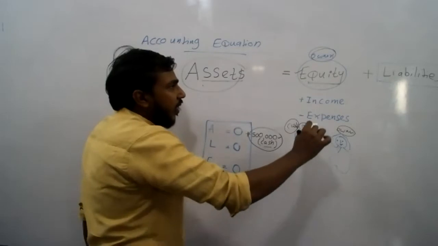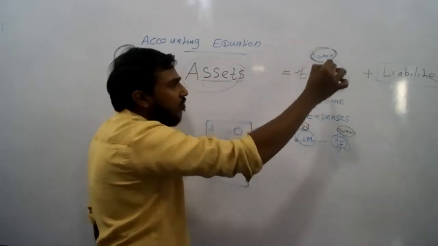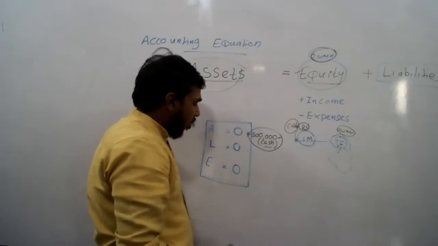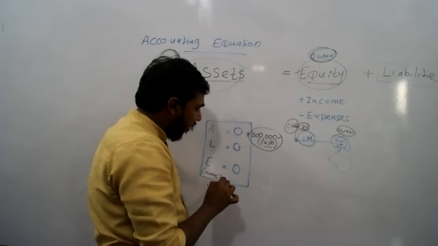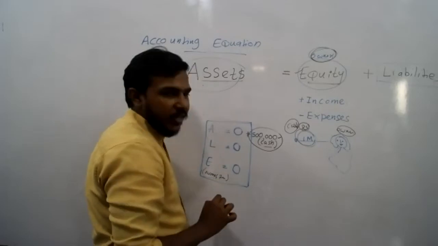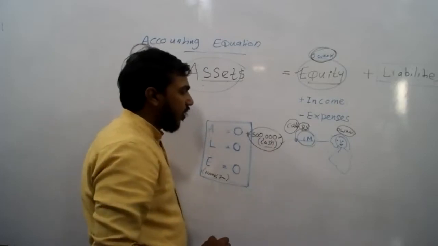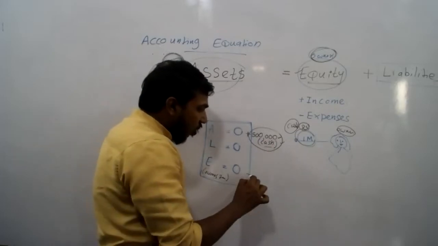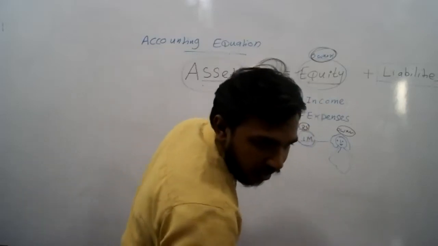Clear? If the transaction is relevant to the owner, there is an impact on equity. So equity means owner's investment. So cash would be increased by 500,000. Then since the owner has invested for this, right?